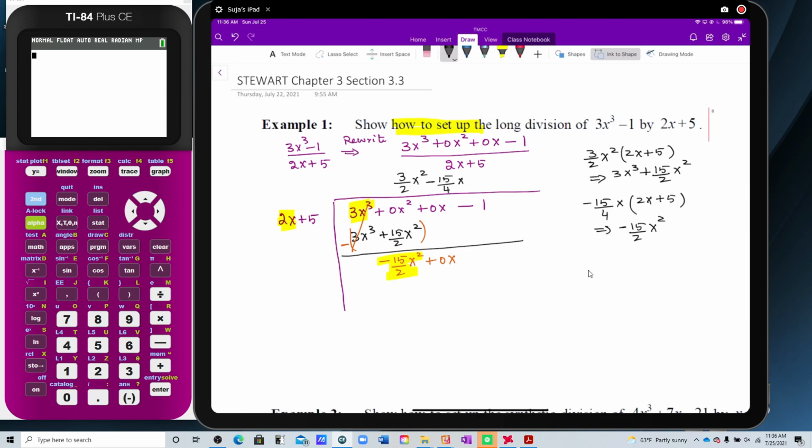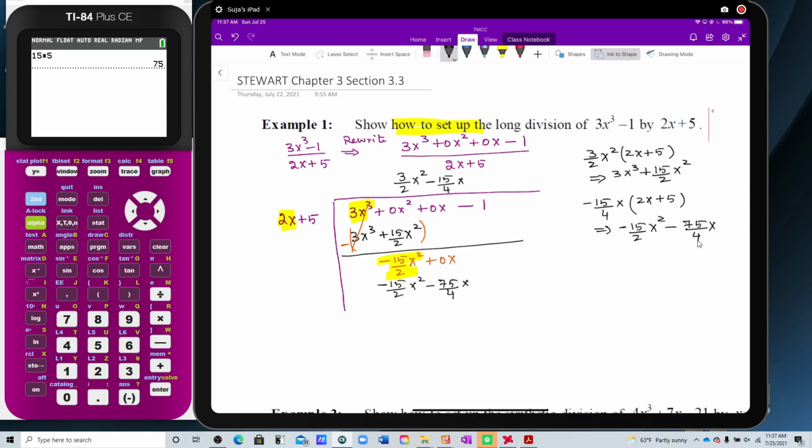And the next term is negative 15 times 5, which would be a negative 75 over 4x. 15 times 5 is 75. So that needs to go down: negative 15 over 2x squared minus 75 over 4x.